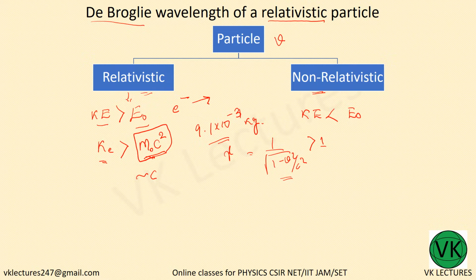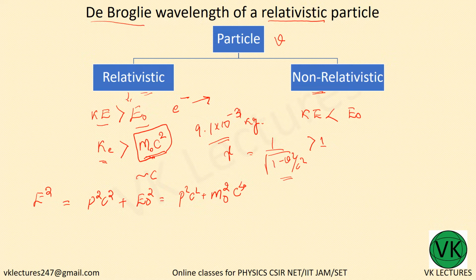Now we can write the total energy: E square is equal to P square c square plus E naught square. That we can write as P square c square plus m naught square c to the power 4.